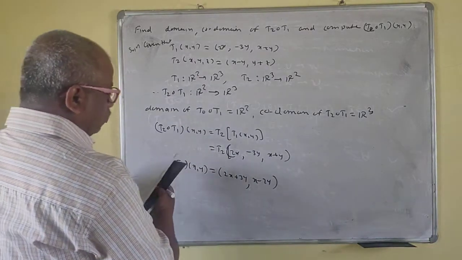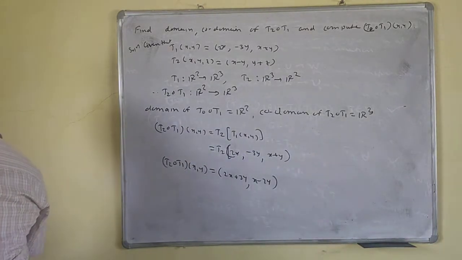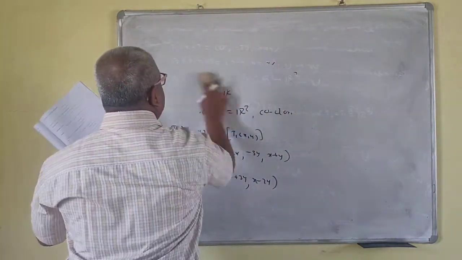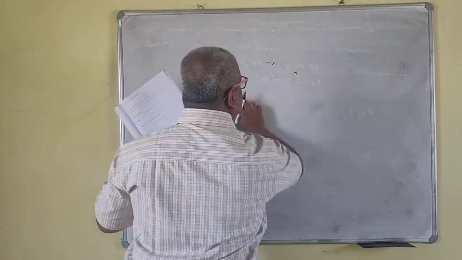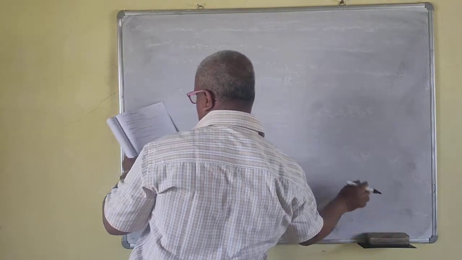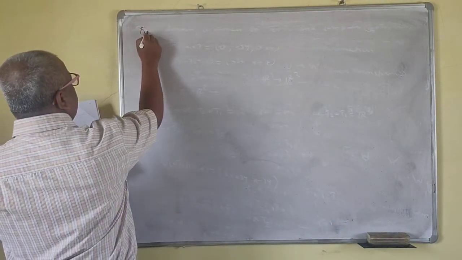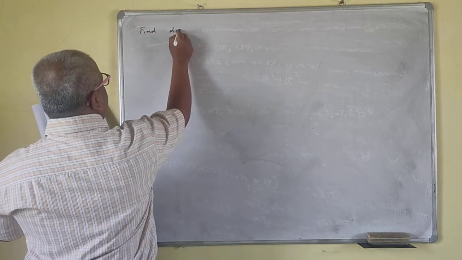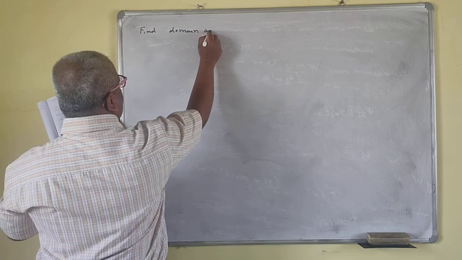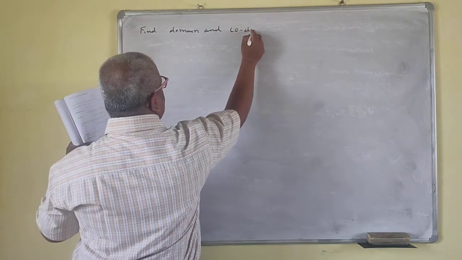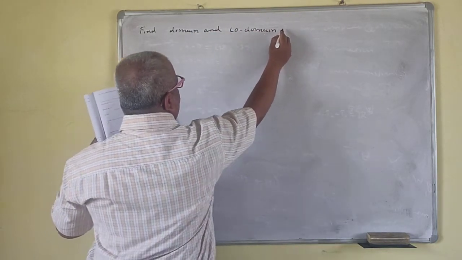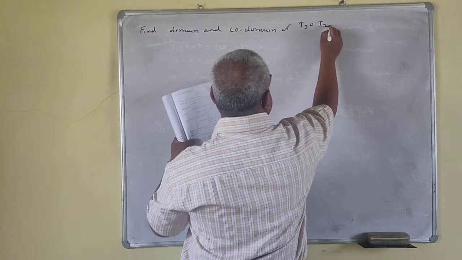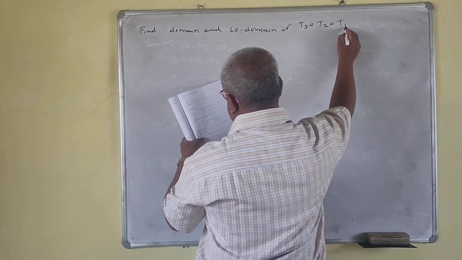Okay, so we'll take the next problem. Find the domain and codomain of T3 compose T2 compose T1.